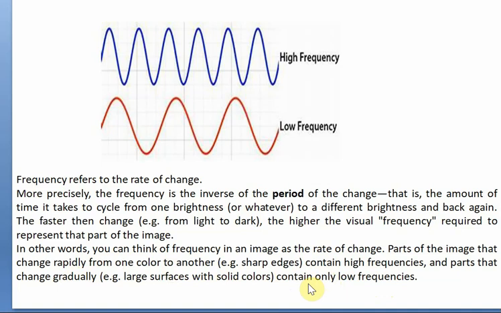So what do you mean by high frequency in an image? High frequency means a high rate of change. High rate of change means the difference between successive pixel intensities is very large.